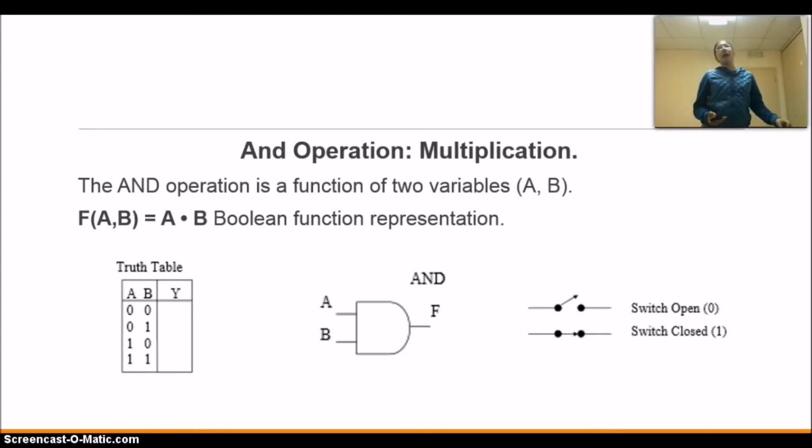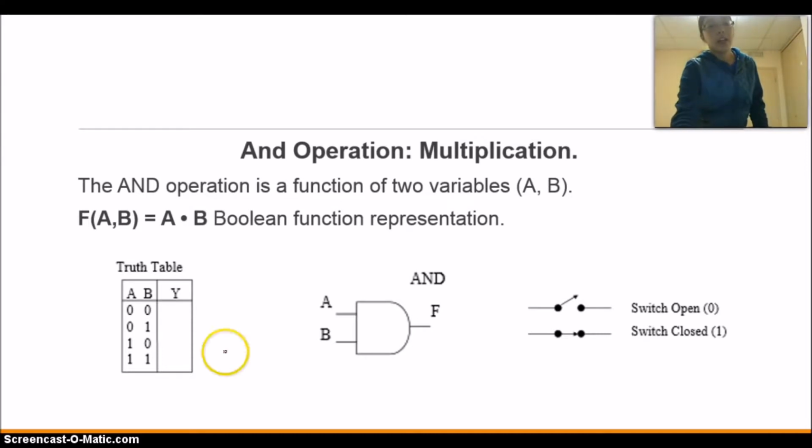Then we have the AND operation, which in Boolean algebra is equal to Boolean multiplication. Here we're going to consider two variables, A and B. In this truth table, we're going to compare the values that A and B have. In this case, we're going to solve the truth table as in normal algebra.